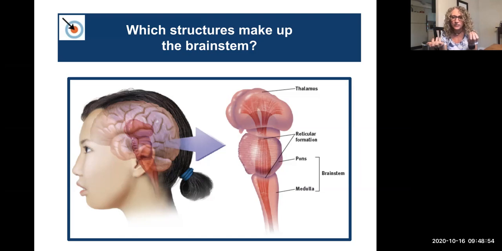Her name, Medusa, is similar to medulla. I like to think of her breathing really heavily, and her heart is almost coming out of her chest. I visualize that, and it helps me remember the medulla.